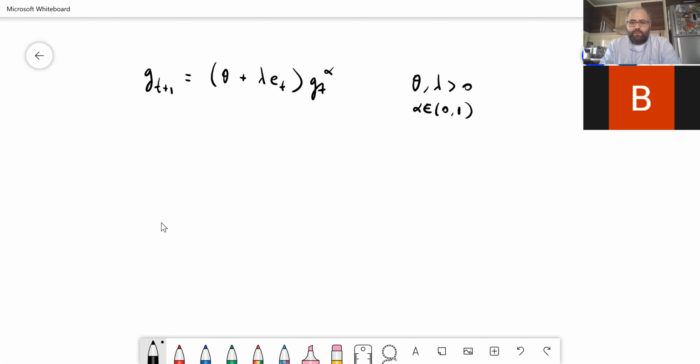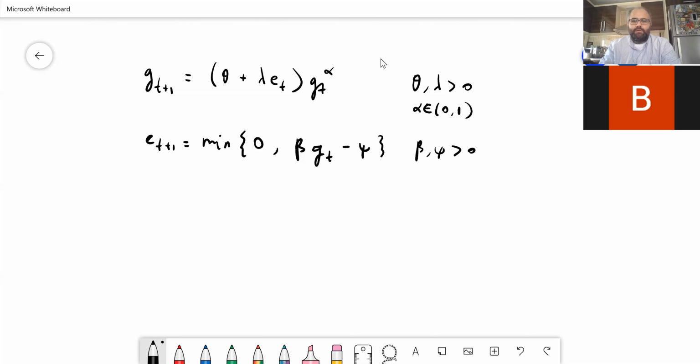This is between 0 and 1. And in a moment, I will explain these variables and notation again. Okay, so these are greater than 0.